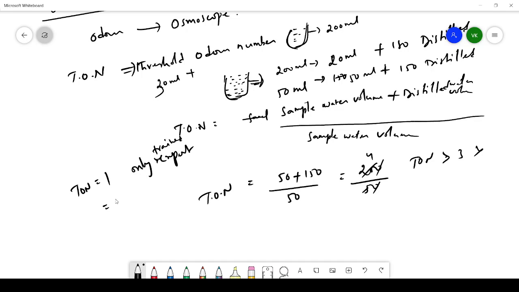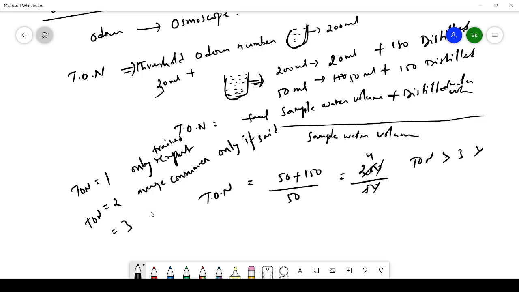If it is equal to 2, then the average consumer can identify it only if you say that this water has some odor and give that water to him. Suppose the TON is 3, then you don't need to tell the consumer.